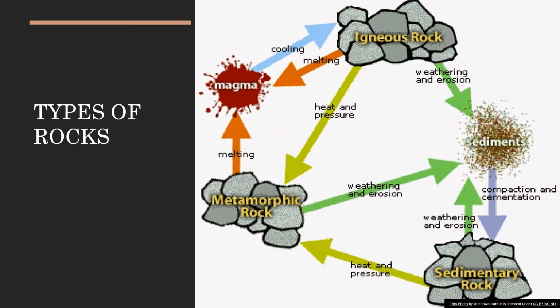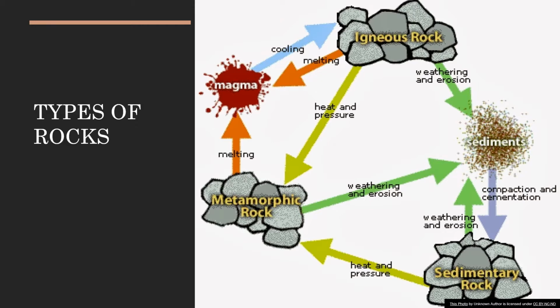So kind of like how we learned with the butterflies, when they come from being a caterpillar and get in that cocoon and transform into a butterfly, that's called a metamorphosis. And so it's the same concept with rocks. When it changes from one type of rock into a totally new type of rock, then it's going to be a metamorphic rock.